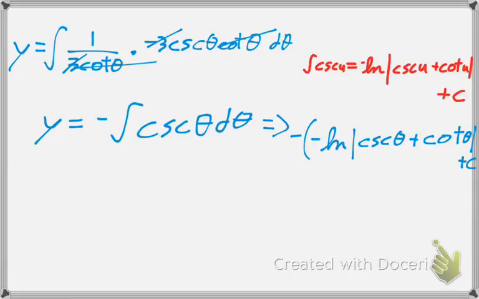The negatives will cancel out, so it'll be positive. So the answer we have is positive natural log of cosecant theta plus cotangent theta. Now we're going to swap in for those values, since we have those from before.